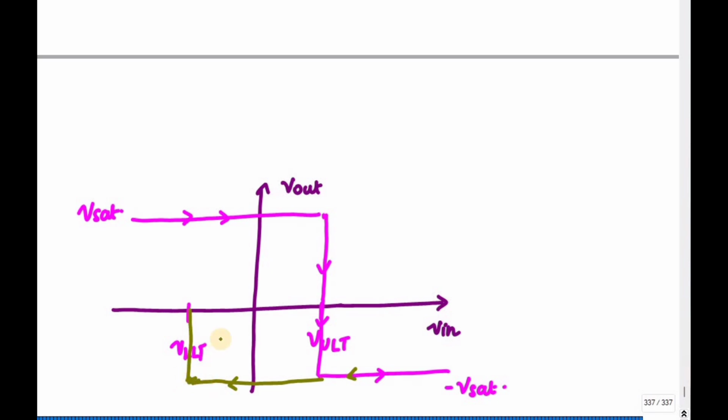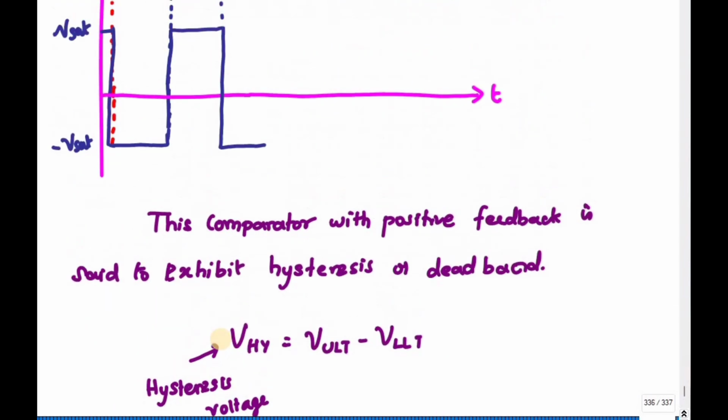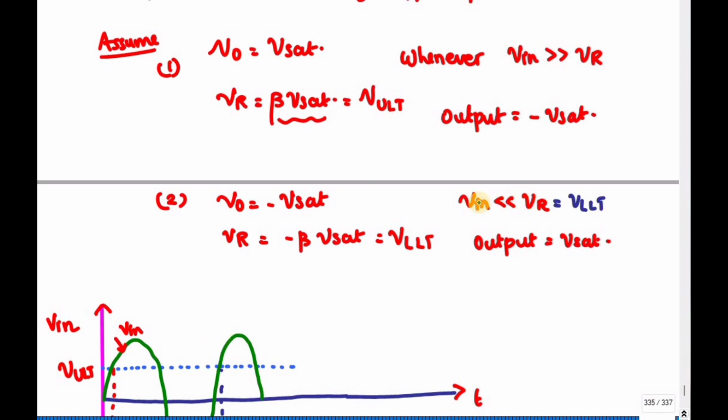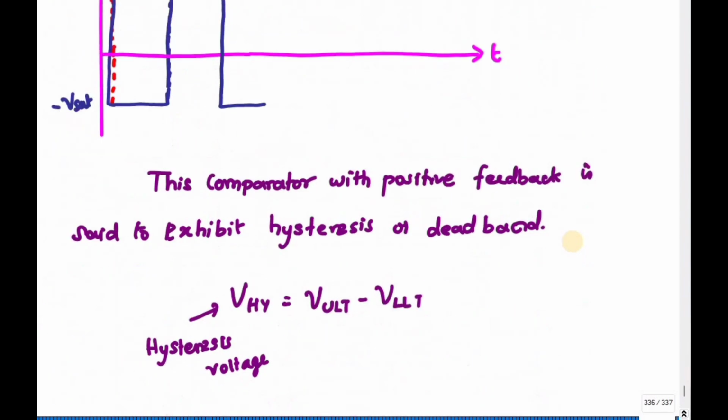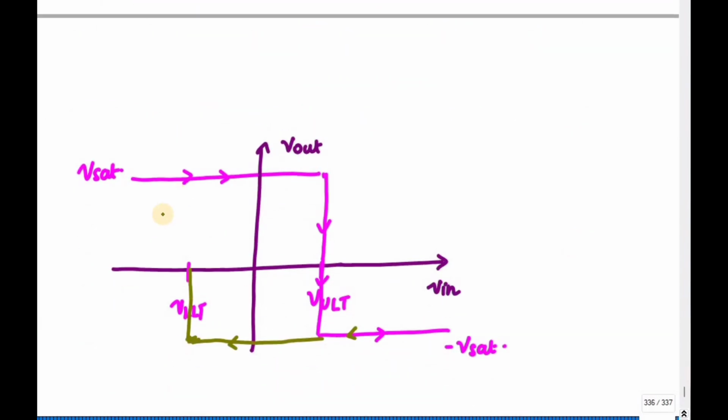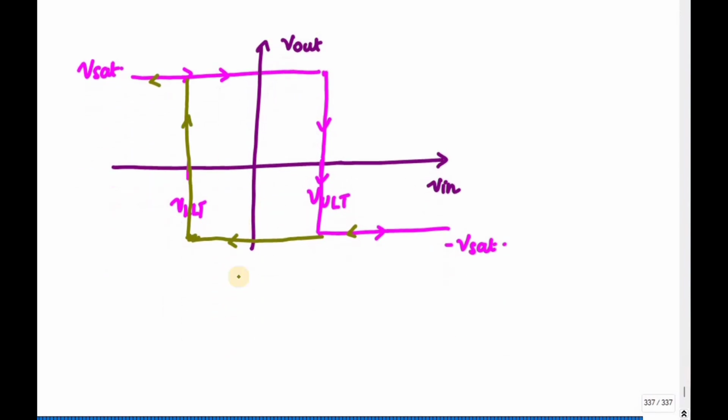The output goes to plus Vsat. So if the input voltage goes less than VLLT, the output again goes to plus Vsat. So this part is called hysteresis.